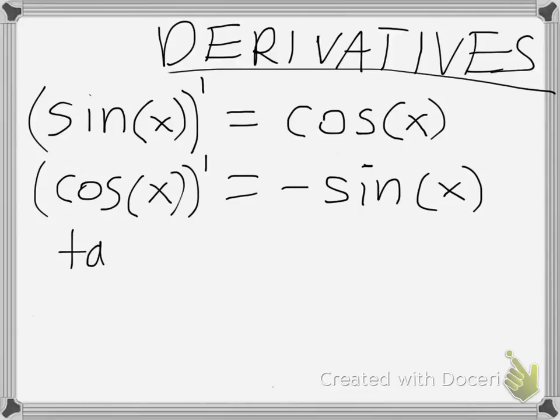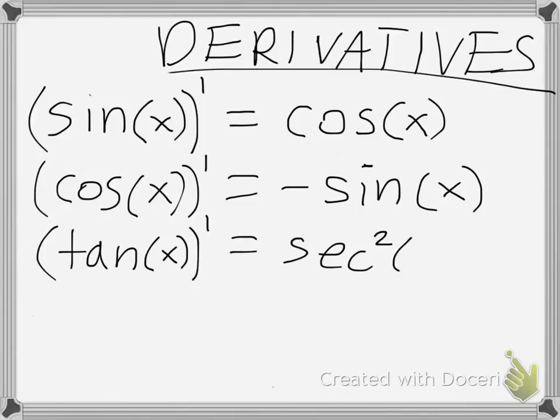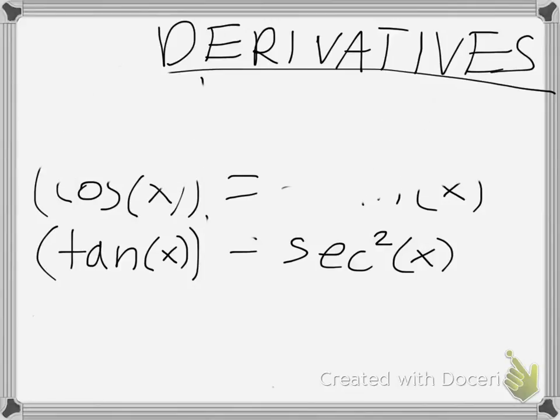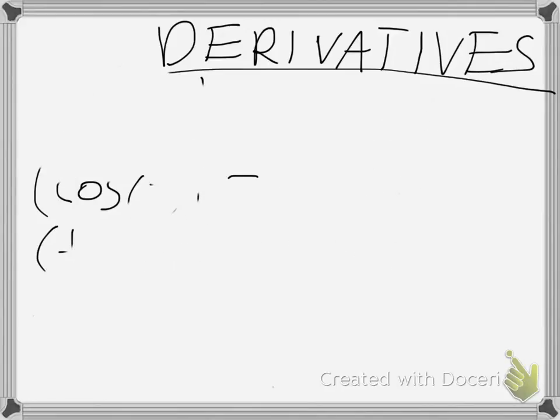And then we have the derivative of tan of x equals secant squared of x. So these are trigonometric derivatives. These are also pretty important, and these are the rules we're going to use.